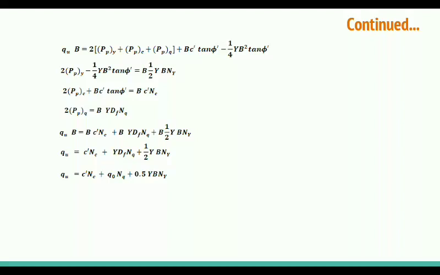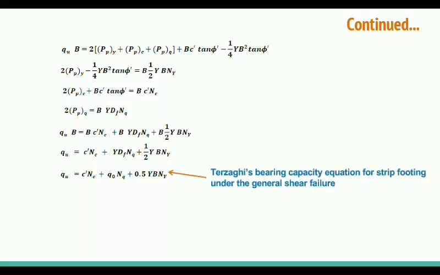So by calculating the overburden pressure, you have to be sure what type of soil is there above the zone third, right? So the last expression, that is qu is equal to c dash Nc plus q naught Nq plus 0.5 gamma B N gamma, which is called the Terzaghi bearing capacity equation for a strip footing under the general shear failure.